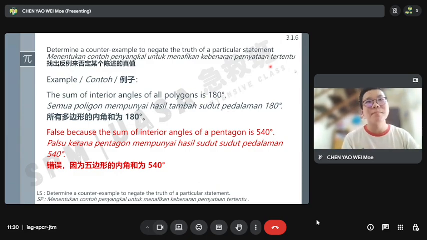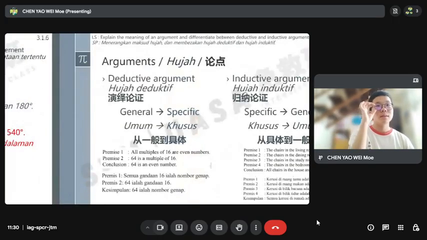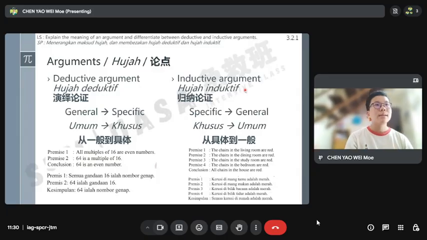Now we end the statement part. We have statements, then we have arguments. If someone states something, then I need some arguments. We have two kinds of arguments: the deductive argument and the inductive argument. A deductive argument goes from a general premise to a specific conclusion.